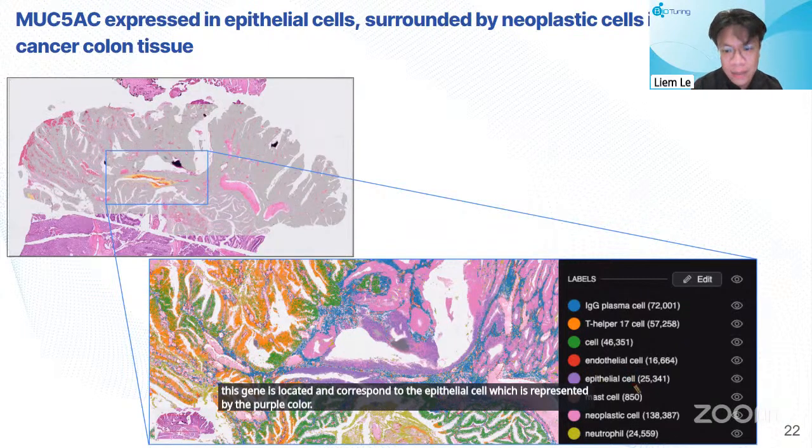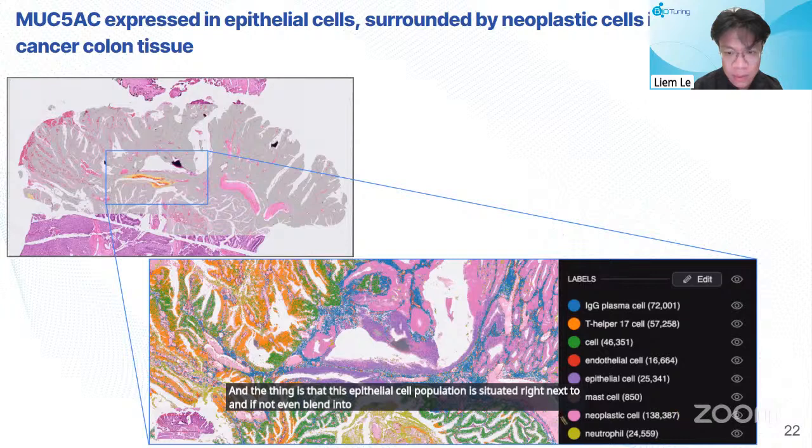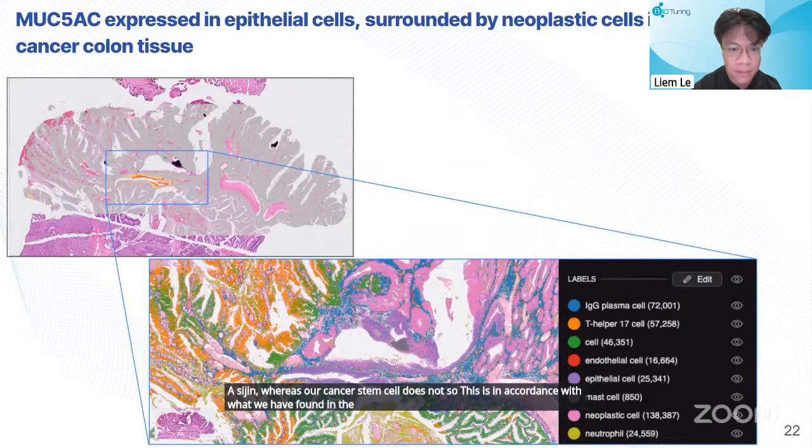And this epithelial cell population is situated right next to, if not even blending into, the neoplastic cell, which are cancer stem cell. The mention-worthy thing is that only the mucus-producing cell or the epithelial cell express the MUC5AC gene, whereas our cancer stem cell does not. So this is in accordance with what we had found in the gastric cancer study.